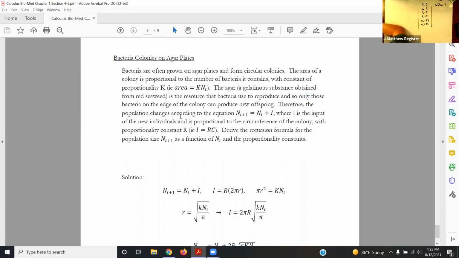Therefore, population changes according to the equation n sub t plus 1 equals n sub t plus I, where I is the input of the new individuals and is proportional to the circumference of the colony with the proportionality constant R, i.e. I is equal to R times C. So R is the radius, is that right? Yeah, something like that. No, that's not. Derive the recursive formula for population size n sub t plus 1 as a function of n sub t.